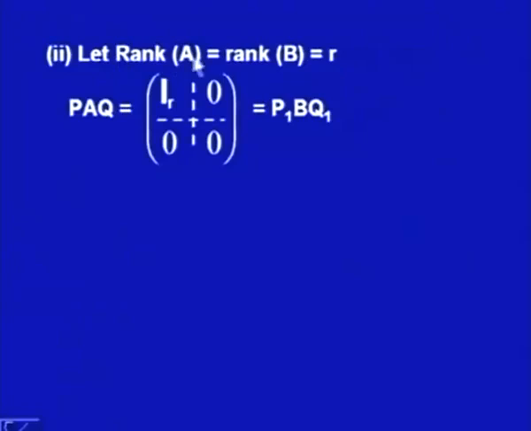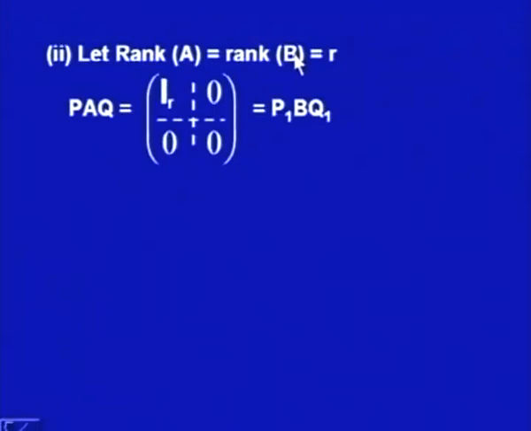Conversely, if rank of A is equal to rank of B is equal to R, then the two matrices will be equivalent. So let us try to do this. Let us say rank of A is equal to rank of B is equal to R. That means you can apply linear transformations to the matrix A so that it can be reduced to row echelon form, and since its rank is equal to R, this matrix will be obtained as this.